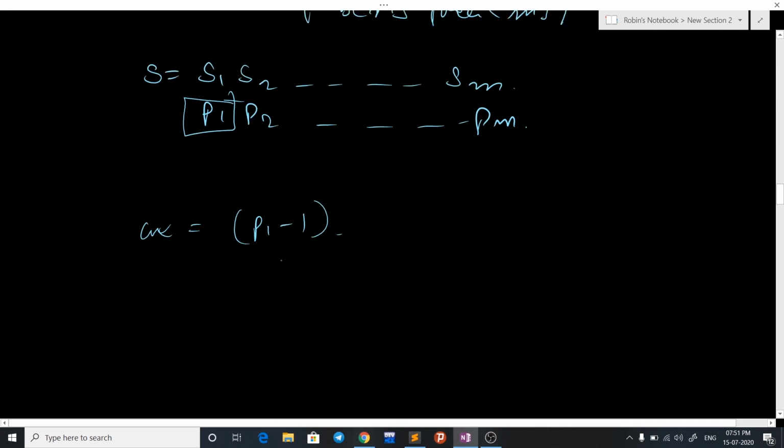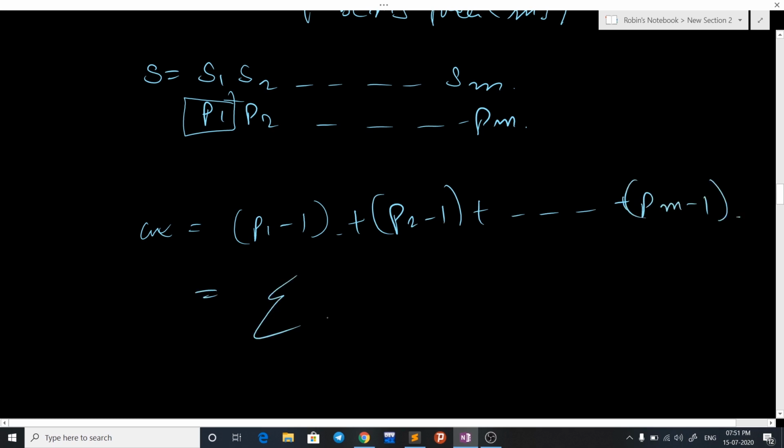So it is valid up to p1 minus 1. So our answer will be p1 minus 1 plus p2 minus 1 plus pm minus 1, and it can be written as the sum of pi minus 1 for i from 1 to m. So this is our answer for the third case.